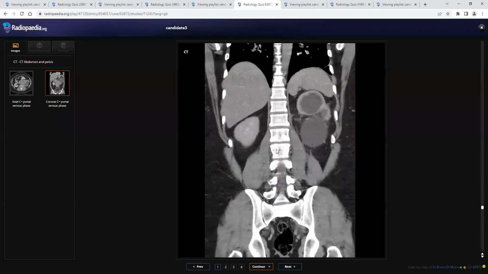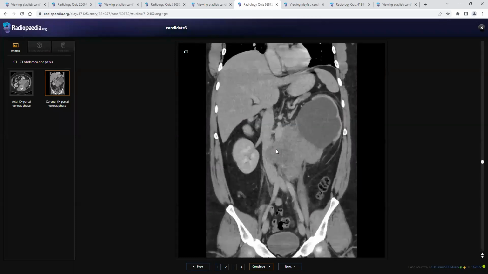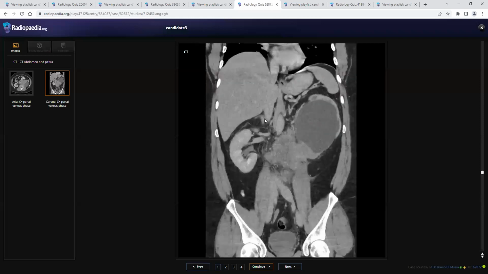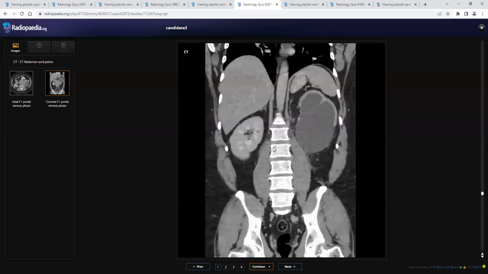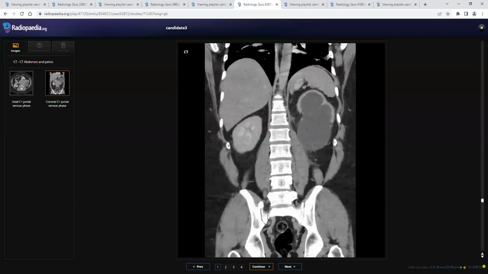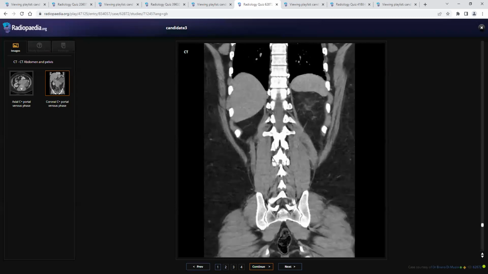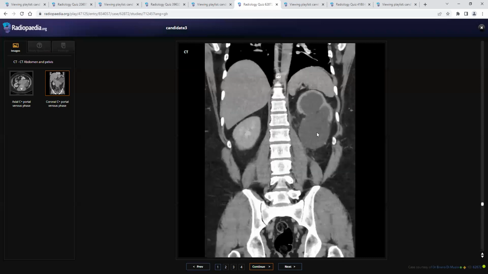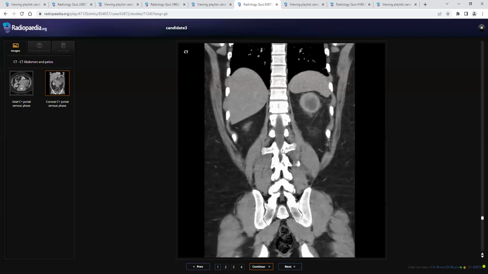Where do you think the metastasis has come from? Where do you think the primary is? In a male patient, it could be a testicular tumor, because it is around the para-aortic region. What do you do next?